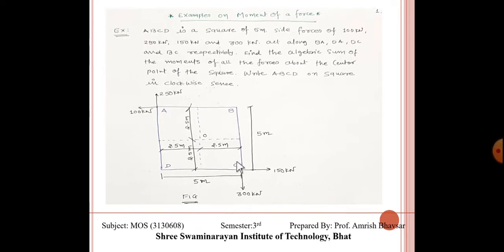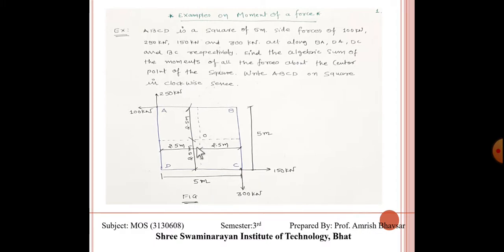First, our force is 100 kilonewton, acting along B to A. Second, force 250 kilonewton is acting D to A. Third is our 150 kilonewton, acting from D to C, and the last one is 300 kilonewton, from B to C. So these are our forces.